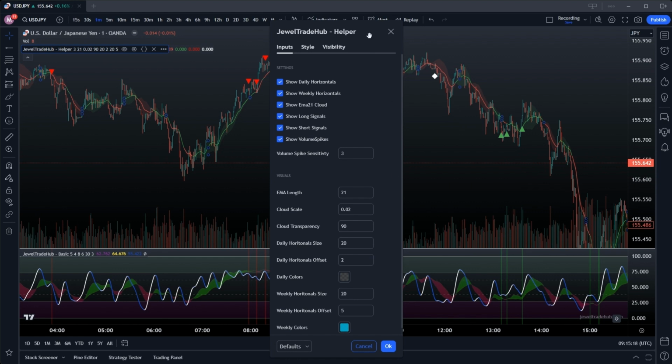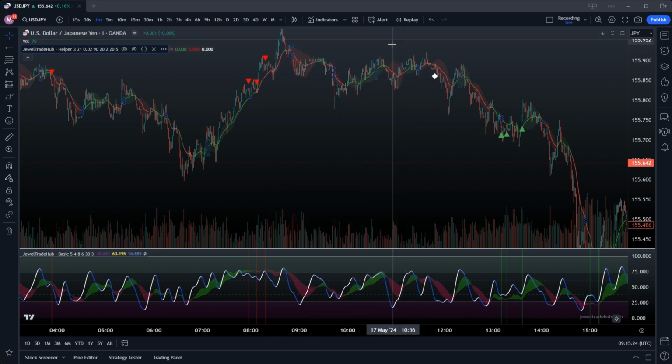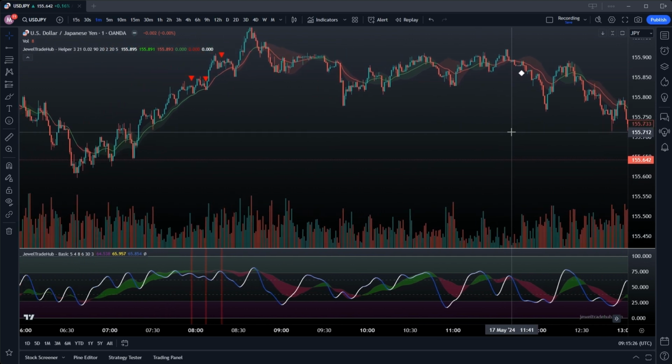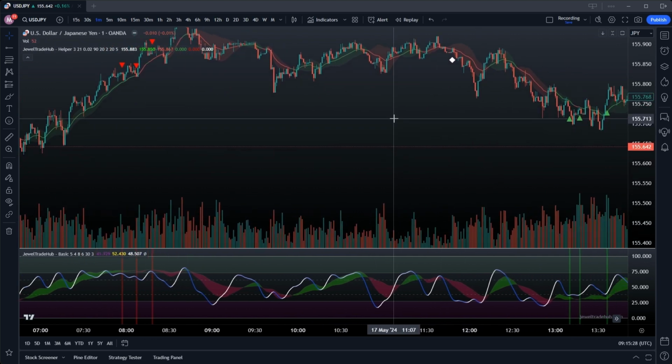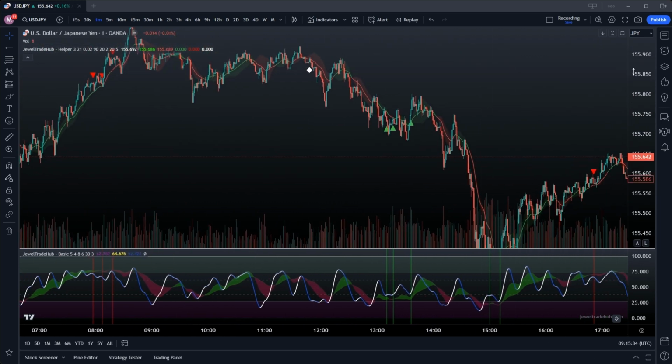One last final word on this. The helper is something that's going to evolve quite a bit. I want to add quite a few things to it. I want to add volatility and other little things like this to the helper indicator. I'm going to add all that, or maybe in a separate one, because maybe TradingView is going to tell me that this one's too big.